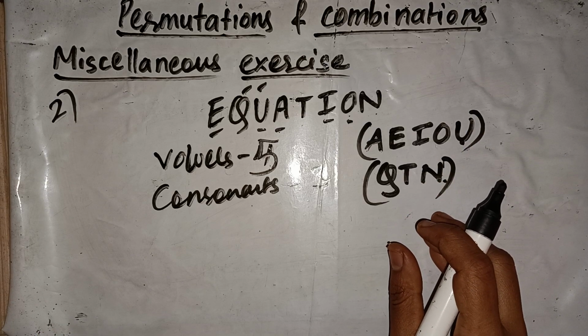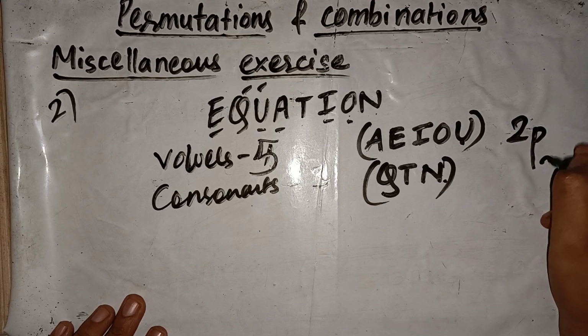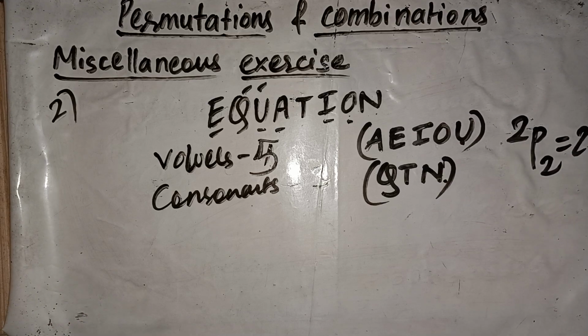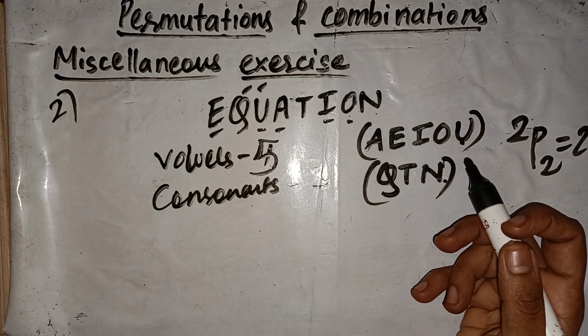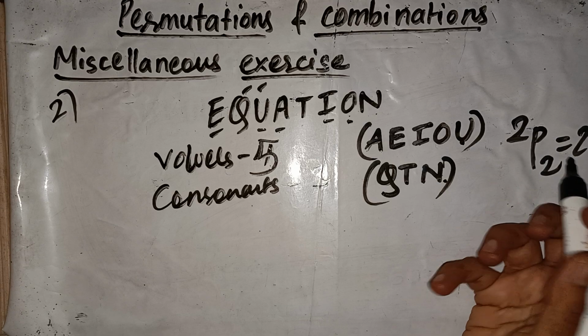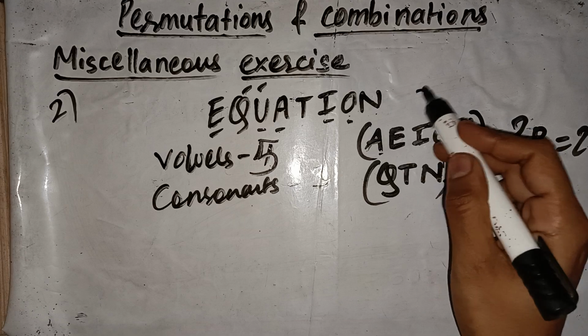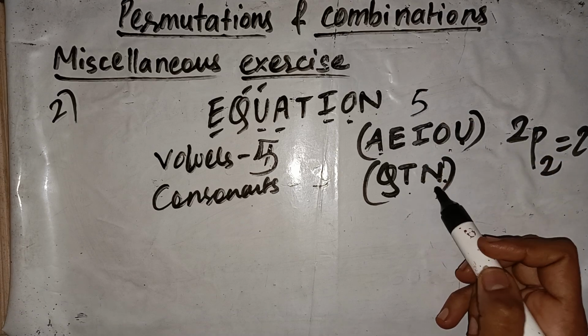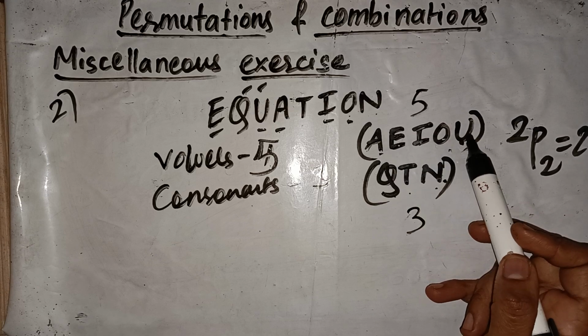So 2 factorial, that is permutation, 2P2. How many letters are there in the vowel group? 5. How many letters in the consonant group? 3. So this can be arranged in 2 factorial ways.